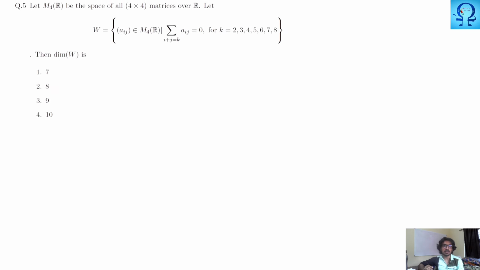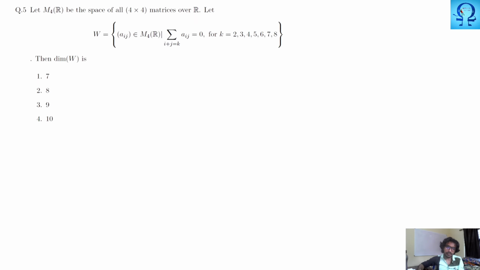Moving to the next question. Here you have 4 by 4 matrices, right? We are collecting the matrices satisfying this condition. Then we'll have to identify the dimension. Okay, this you can very well find out. Basically what is the dimension of M4 of R?